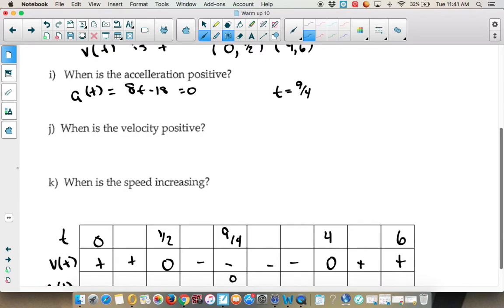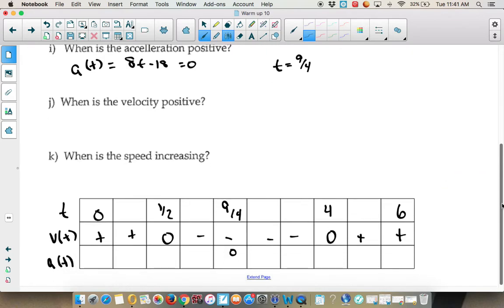I'm going to put down that that's my 0 for my acceleration, because that's what we just found. And if I take a 0 in here, I get a negative acceleration. And if I put in, let's say, 3, I'm going to get a positive. So when is your acceleration positive?